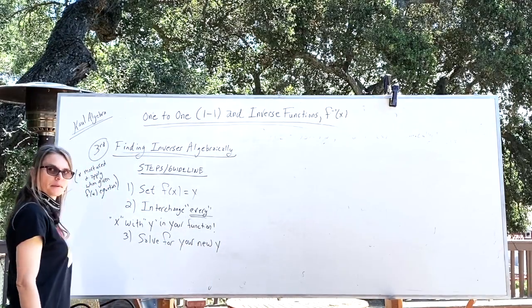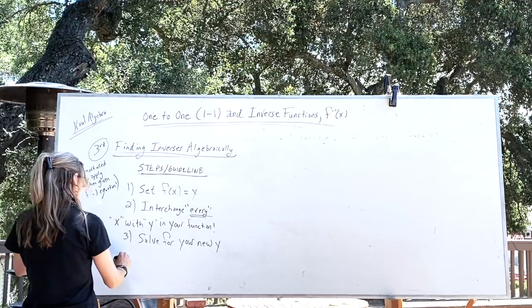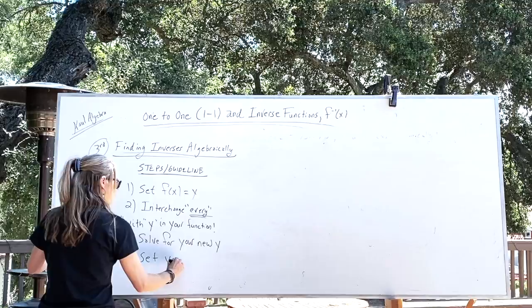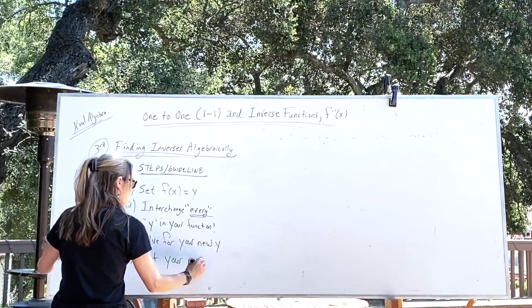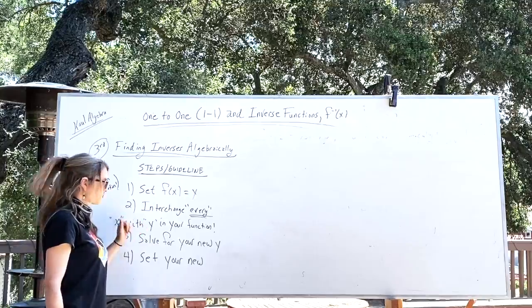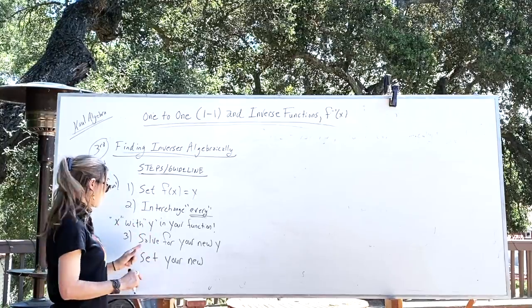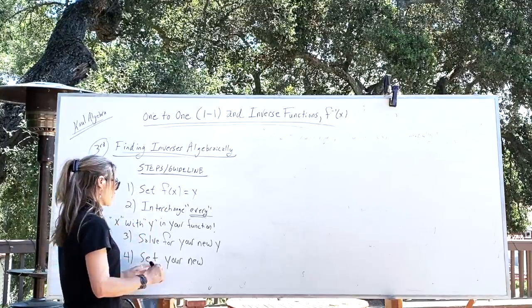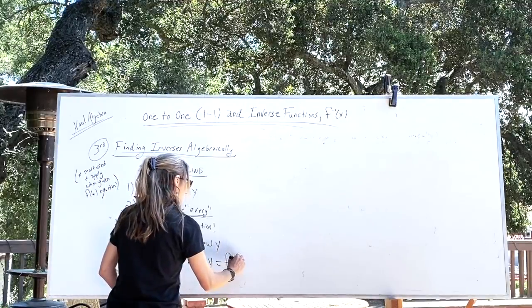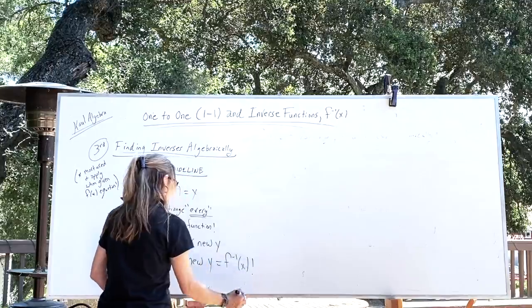Okay. And 4, set your new y. At this point, once you've interchanged, you've got your inverse, and you're just doing the formalities. Solve for new y and set your new y equal to f inverse of x. Okay.